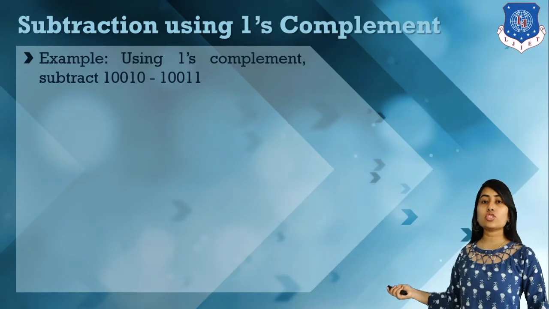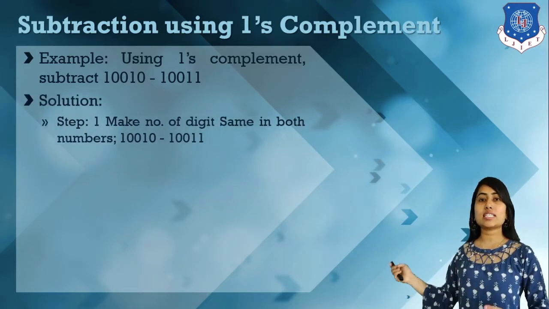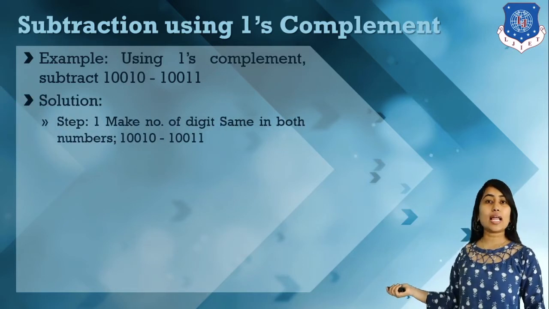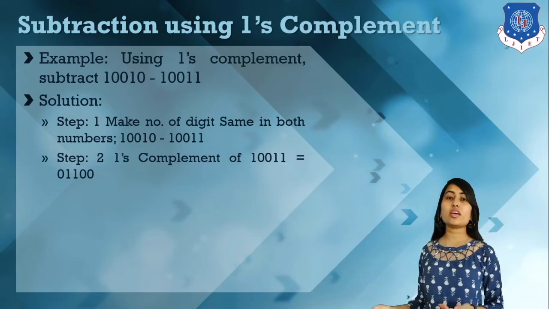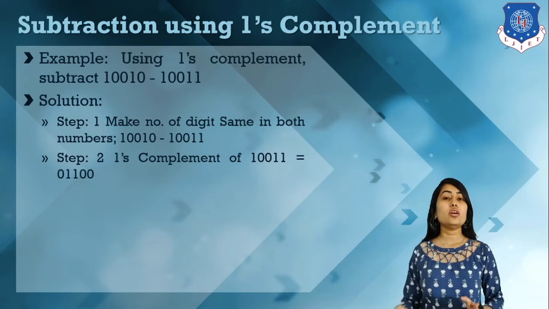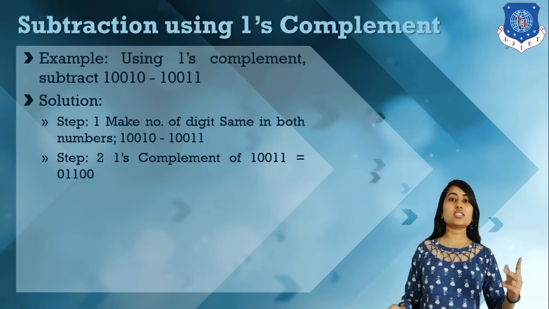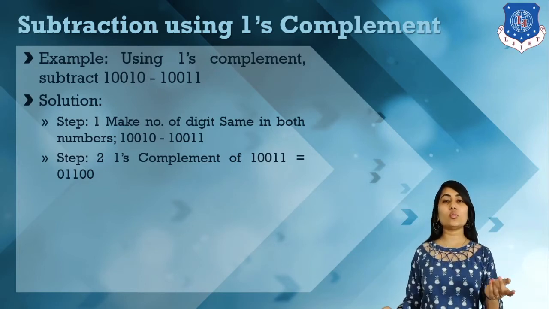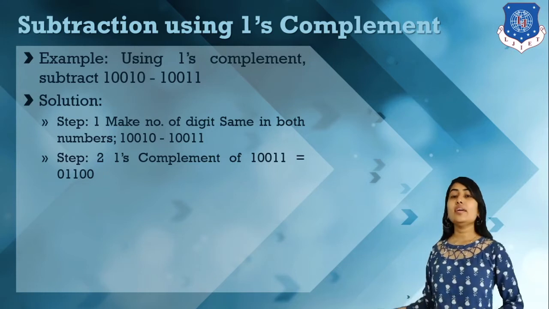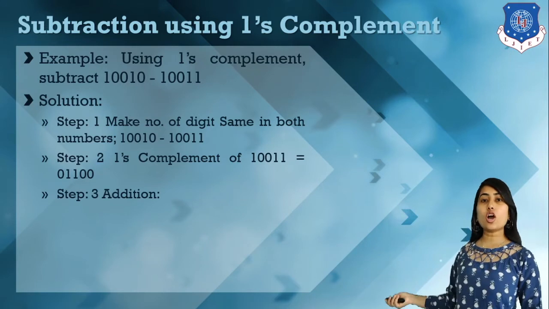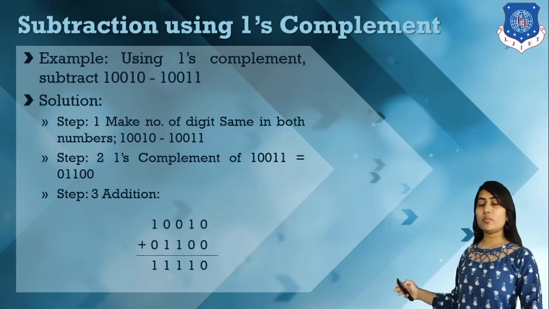Similar procedure: first make the number of digits the same, then step 2, calculate the ones complement. How do we calculate the ones complement? By just replacing ones and zeros: replace 1 with 0 and 0 with 1. So here we have the ones complement, and then add the ones complement of the second number to the first number.